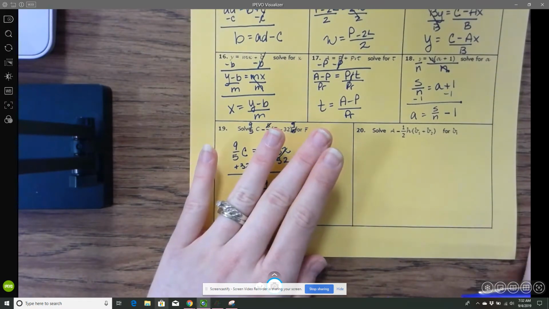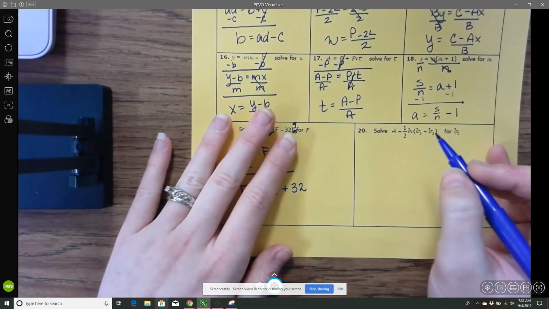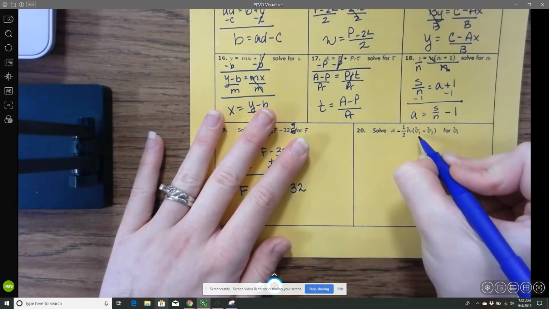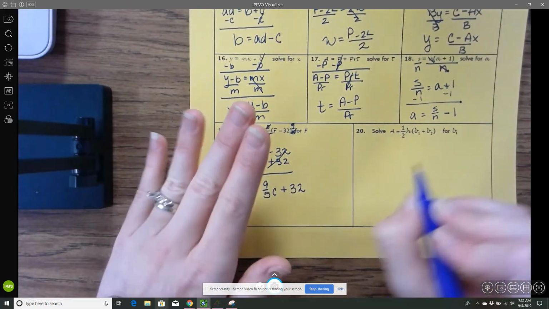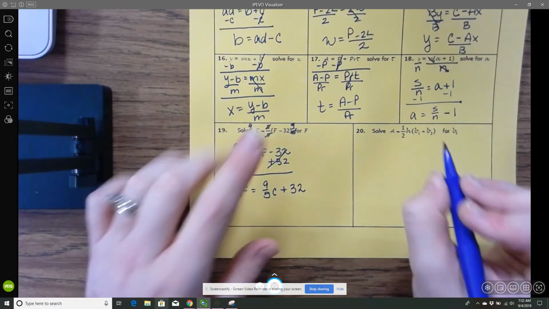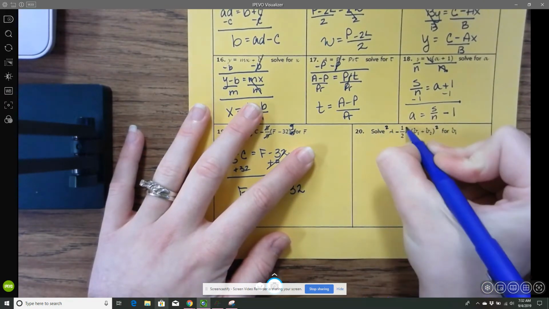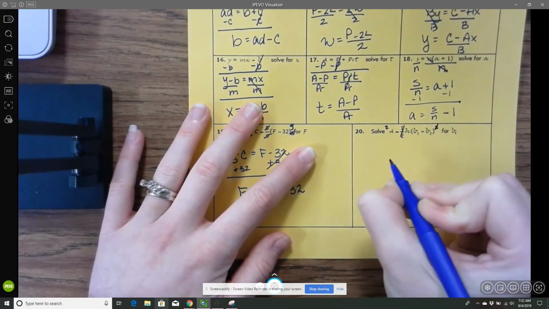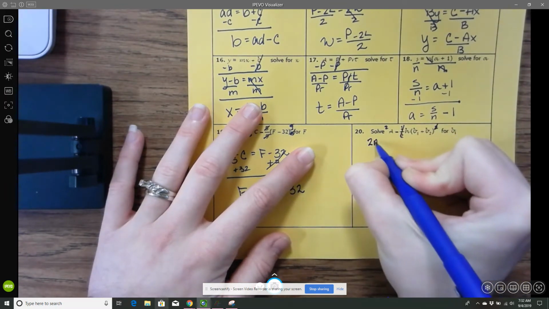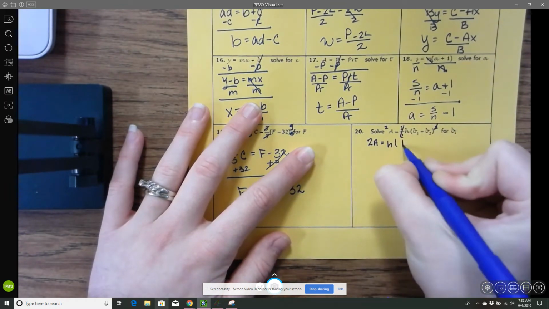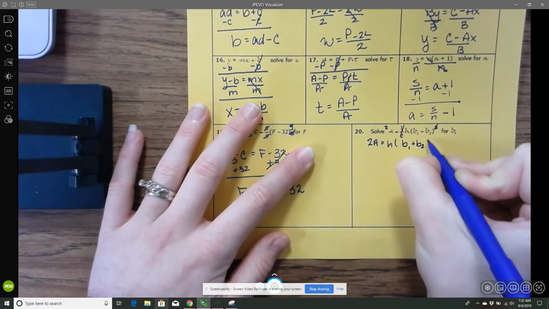All right, and then in this last one, this one's got a lot of steps. So we're going to solve for b1. This is what we're solving for here. So what I'm going to do first, I'm going to multiply both sides by 2 to get rid of this fraction. So this cancels, this cancels. So now I have 2a equals h times b1 plus b2.